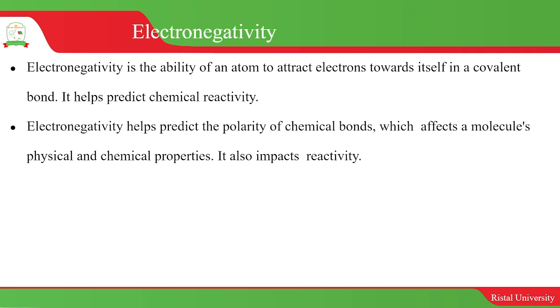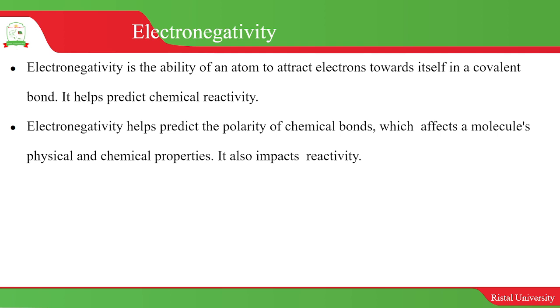Electronegativity, we have just been talking about it over and over again, but it is a simple concept. It's that you have atoms that don't have the same charge, and therefore, because of the difference in charge, electrons will be attracted towards an atom of high electronegativity.